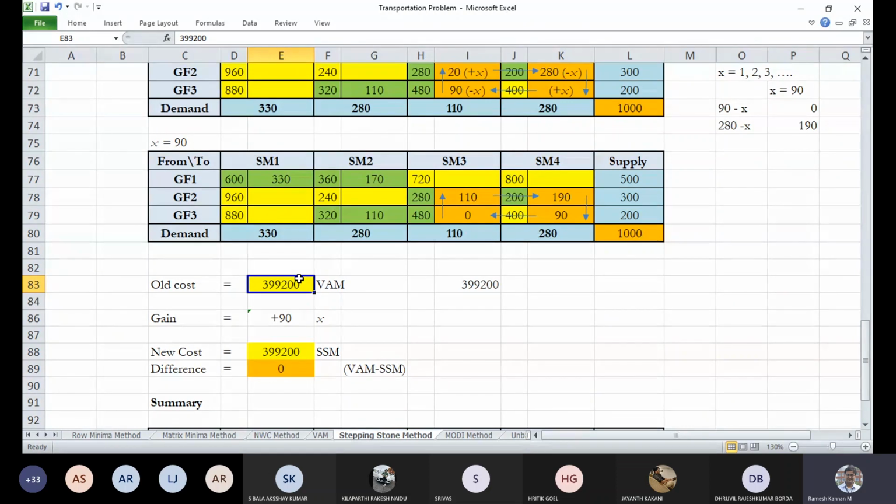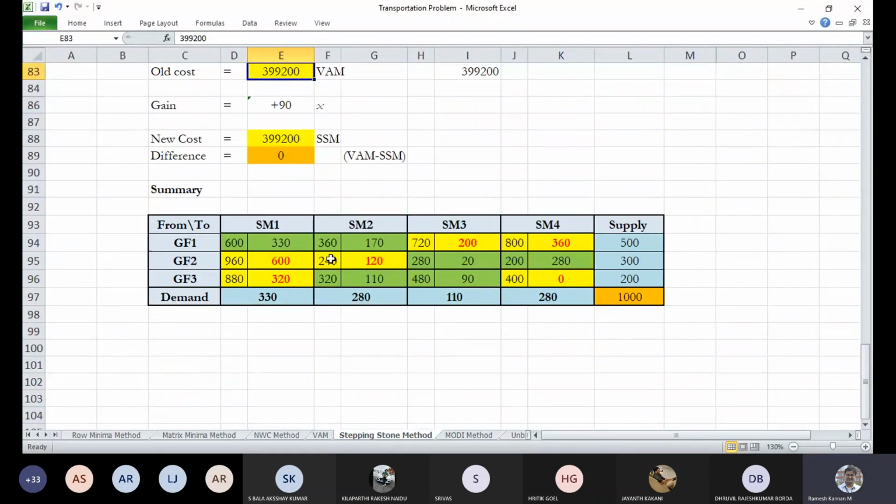But as of now, this is the stepping stone method, which has a process of finding the loop, and finally this is the final allocation, right?